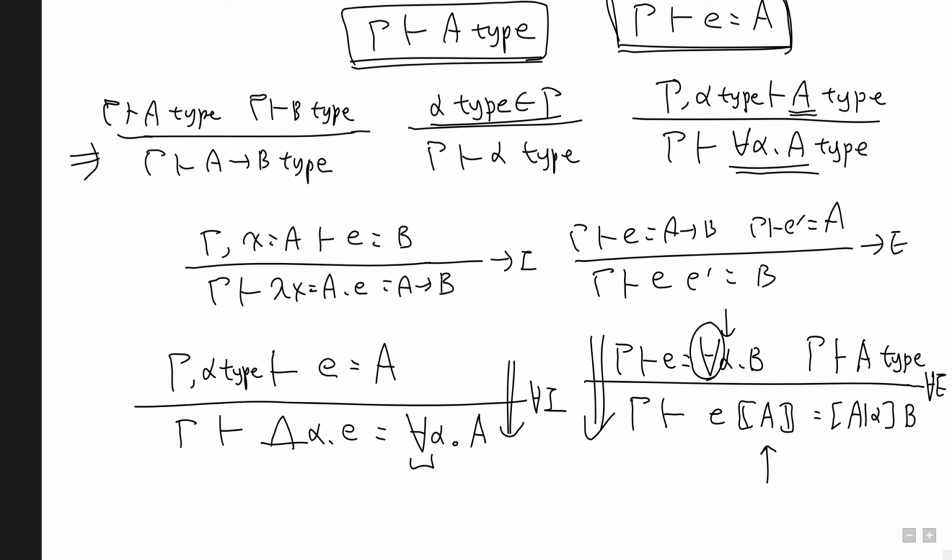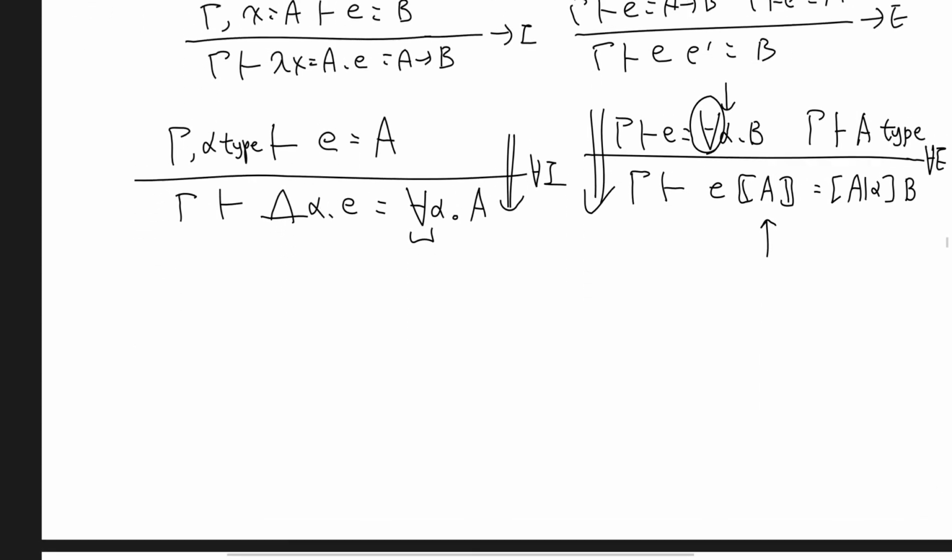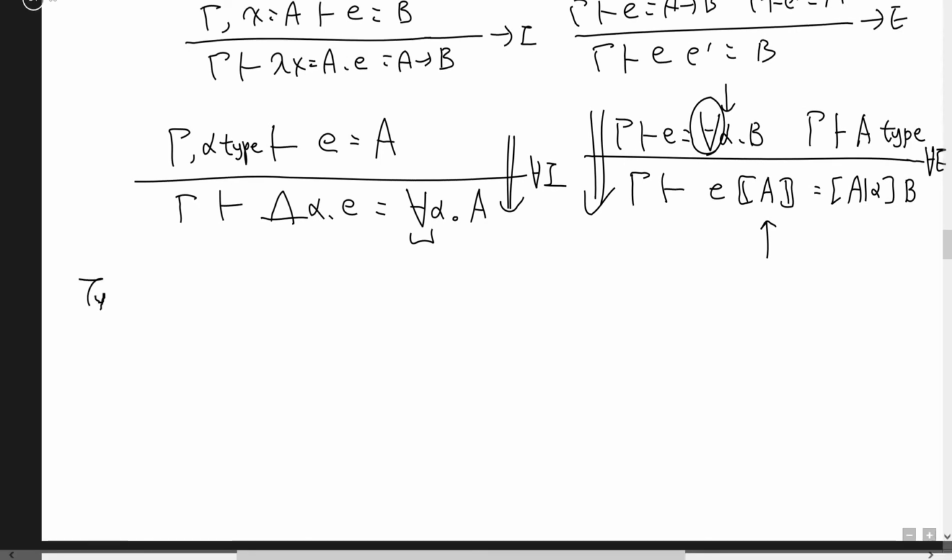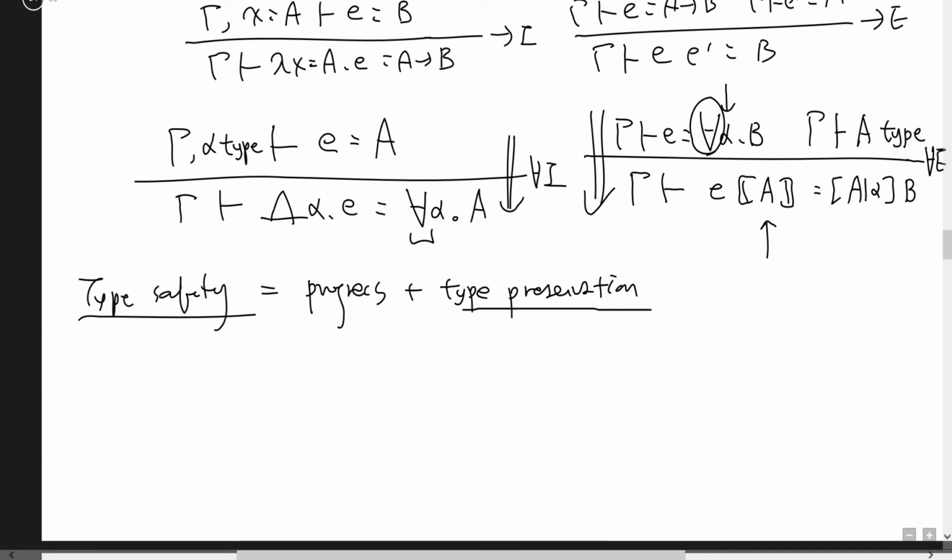Now we'd like to state the type safety. Just like in the simply typed lambda calculus, type safety consists of two properties, progress and type preservation. In fact, the statements of these two theorems are precisely the same as in simply typed lambda calculus.